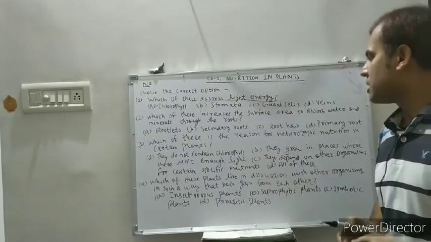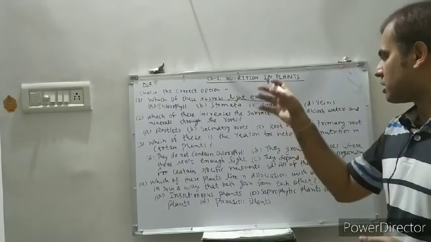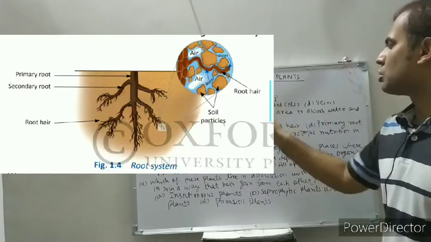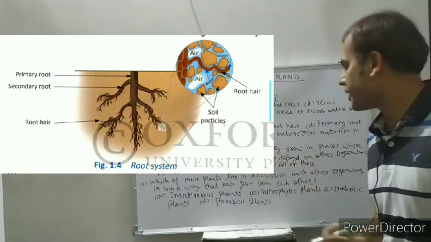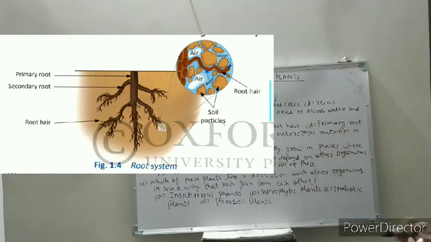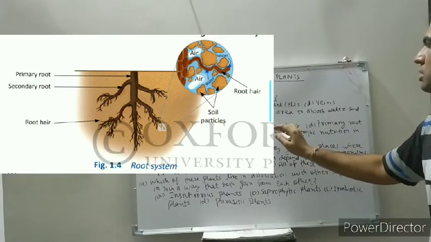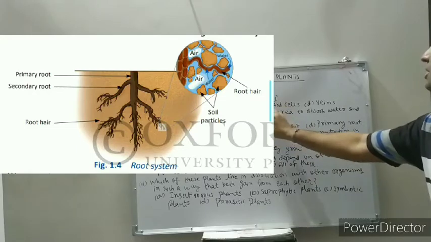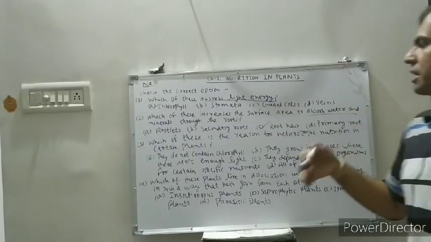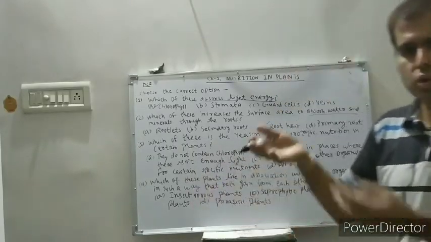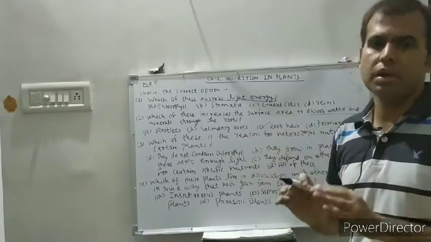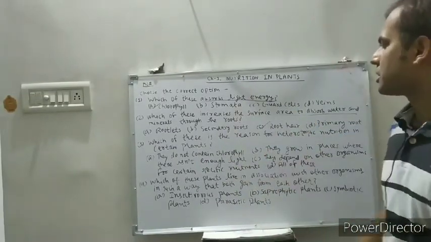So you will see that in this figure there are some components of the roots like rootlets, secondary roots, root hair and primary root. So the correct answer is root hair. Root hair is used to increase the surface area to absorb water and minerals through the root.